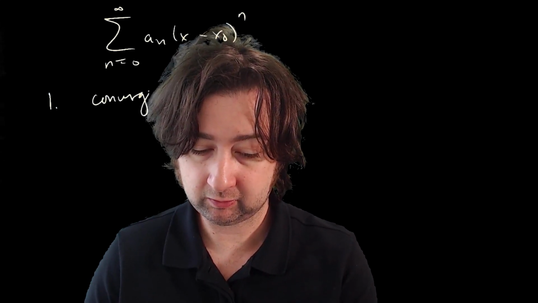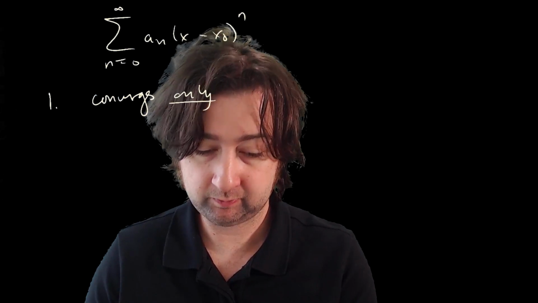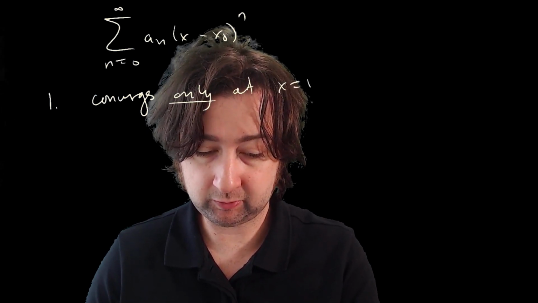So what we've written down is the following. If we have the sum from n equals 0 to infinity of a_n (x minus x_0)^n, it could be the case that this converges only at x equal to x_0.